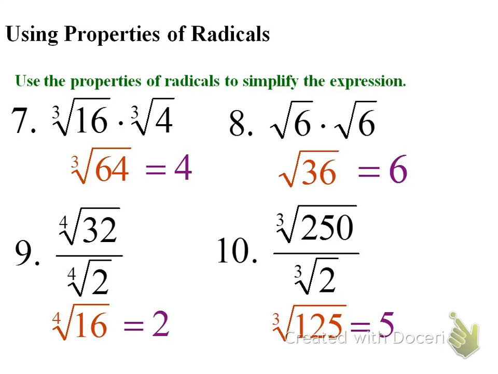Would all of these have plus or minus? No, that one you could not use a plus or minus on. Oh, yeah, because it's odd. Right, because it's odd. Yep, so 7 and 10 you could not. Honestly, like I said, 8 and 9, I probably wouldn't even use the plus or minus, if you wanted to.